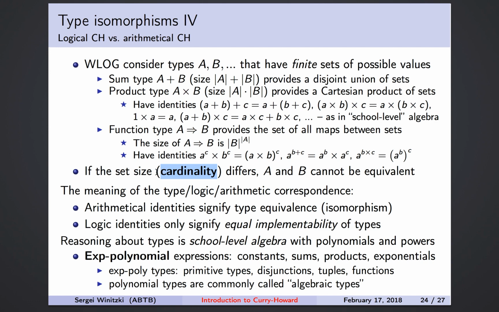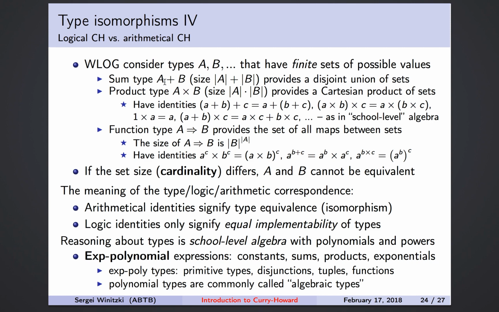So let's see what is the cardinality of various type constructions. The sum type, for example, if the cardinality of types A and B is known, then the cardinality of A plus B, the sum type, the disjunction of A and B, is the sum of the two cardinalities or sizes.